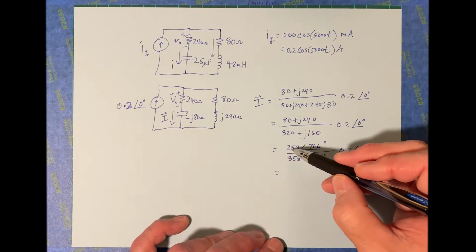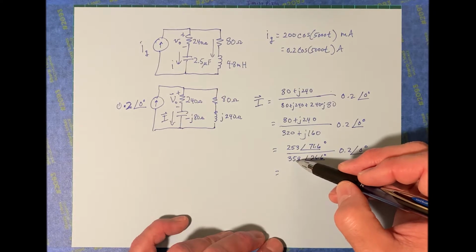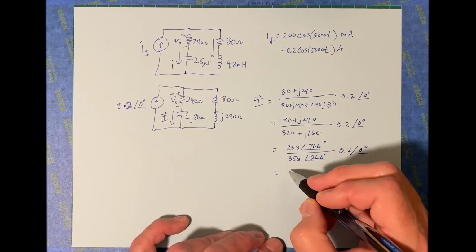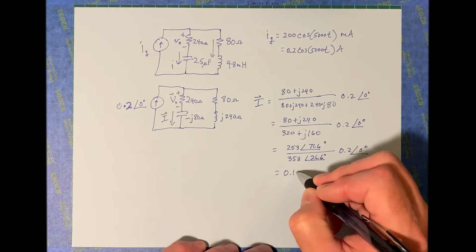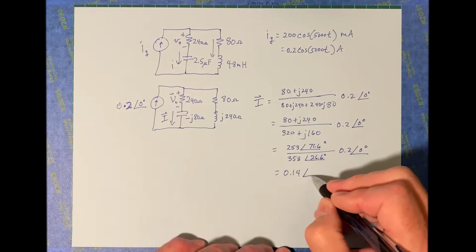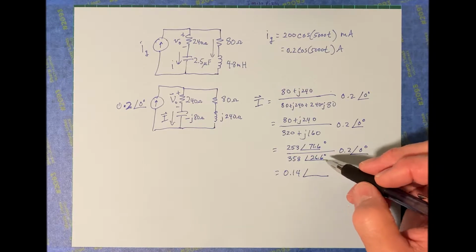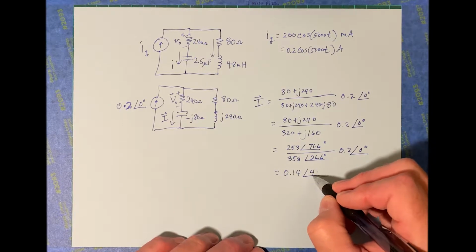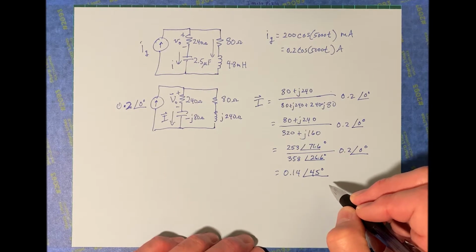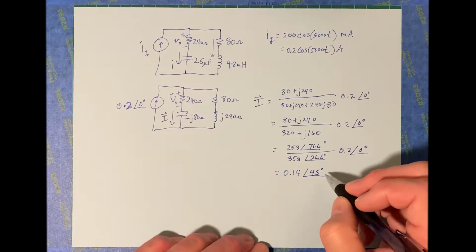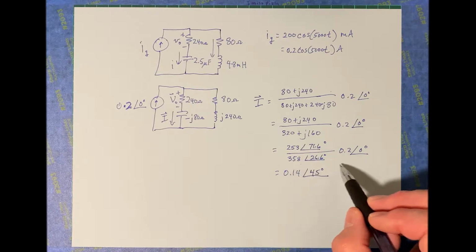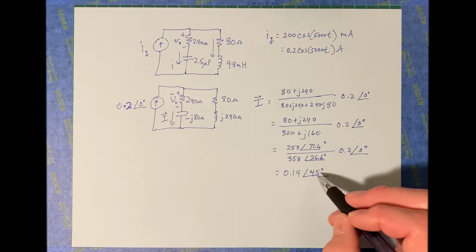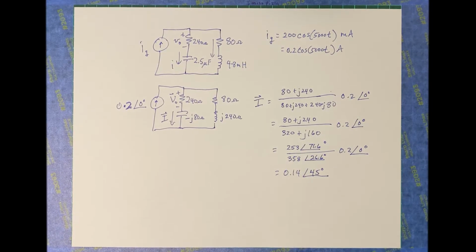Now do the division, so 253 divided by 358 is 0.14, and the angle is going to be the top minus the bottom, so that's 45 degrees. According to my notes, I already did the multiplication on top and then the division. All right, so this is the final answer right there.